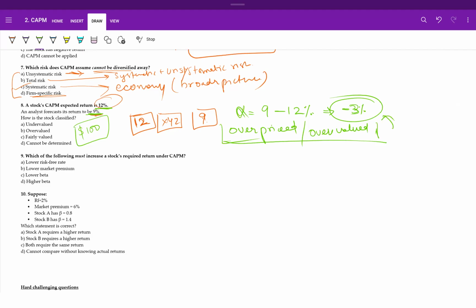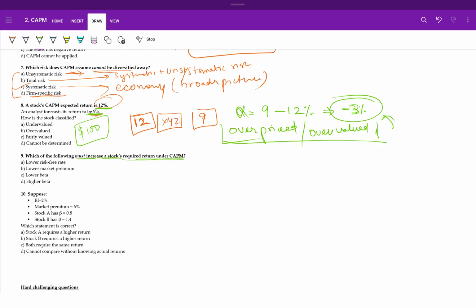And question number 9 is about which of the following must increase a stock's required return under CAPM.